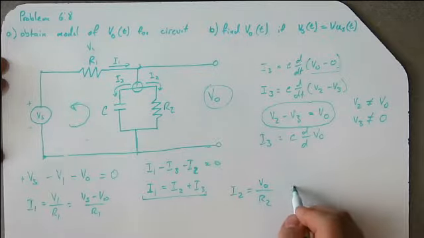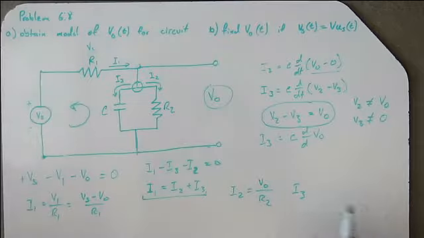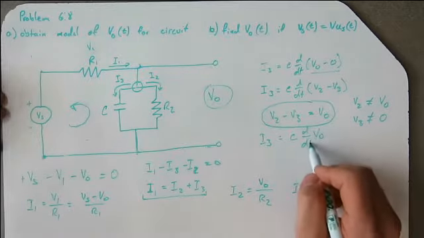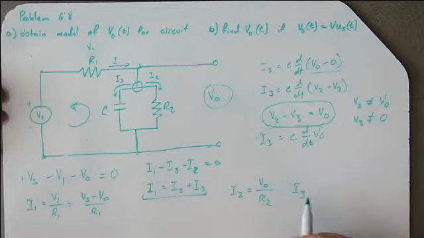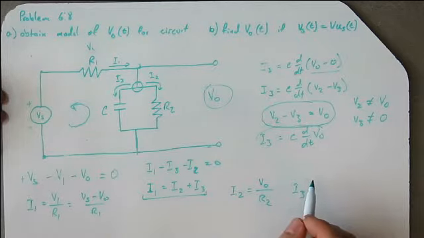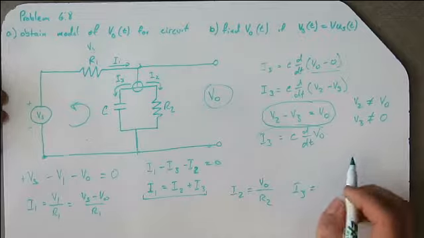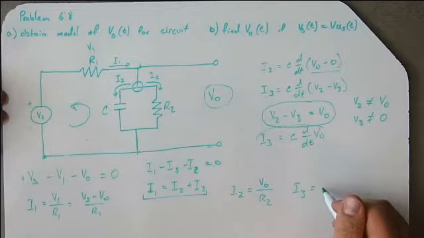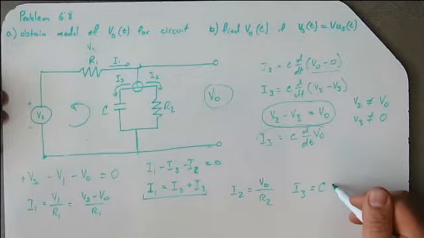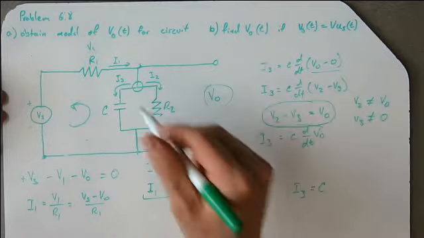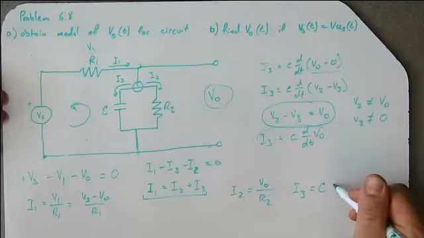And then I3, you just go to your equations for capacitance and voltage, and you'll see I3, the current across this capacitor, equals the capacitance of the capacitor times the first time derivative of the voltage drop across the capacitor.